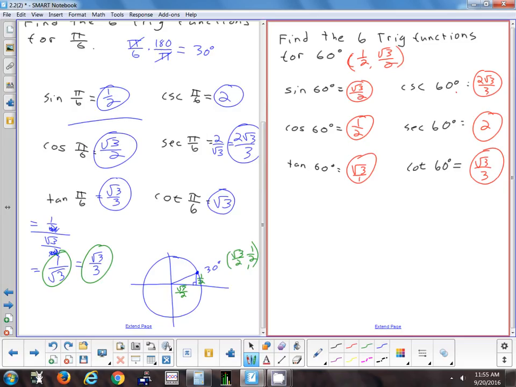Notice the sine and cosine switch places. The secant and cosecant switch places. And the tangent and cotangent switched places. But they're all the same answers. That's exactly what should have happened. Questions on finding the 6 trig functions for 60 degrees?